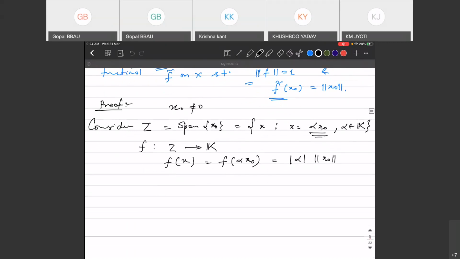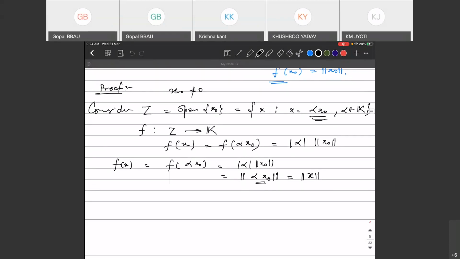So from this, let's see what f of x is. f of x is f of alpha x naught, which is mod alpha times norm x naught, which is nothing but norm of alpha x naught. Correct? And alpha x naught is x, so this is norm x.